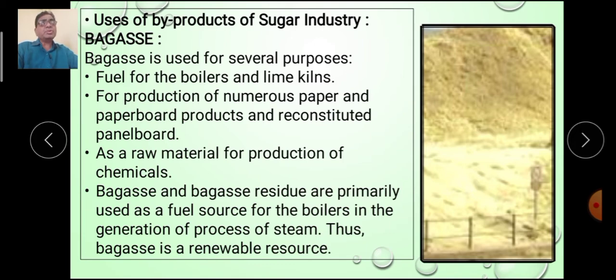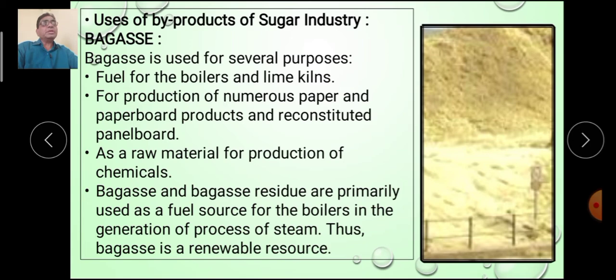Now what happens in the shortage of raw material for burning in the boilers of the sugar factory? This bagasse and its residue are used as a fuel, and thus bagasse is a renewable source.